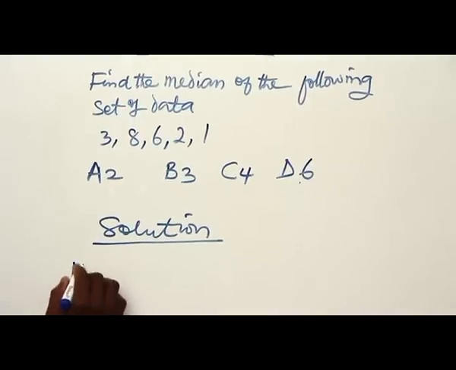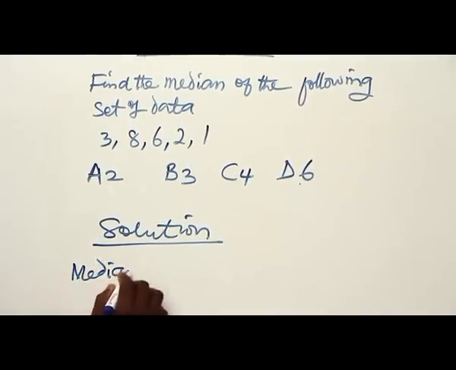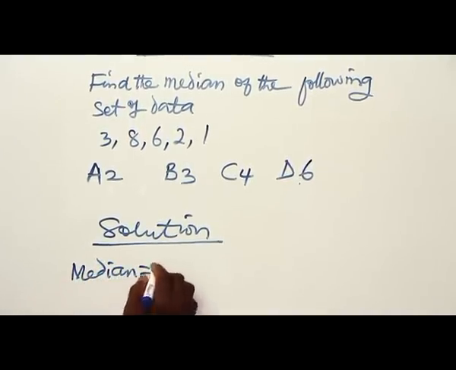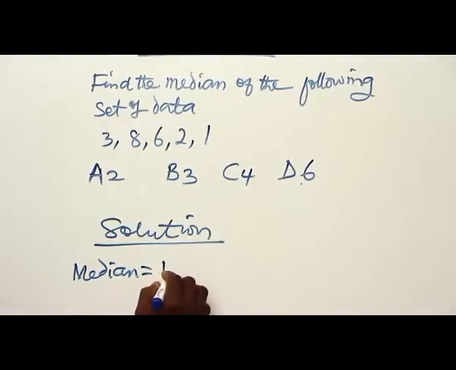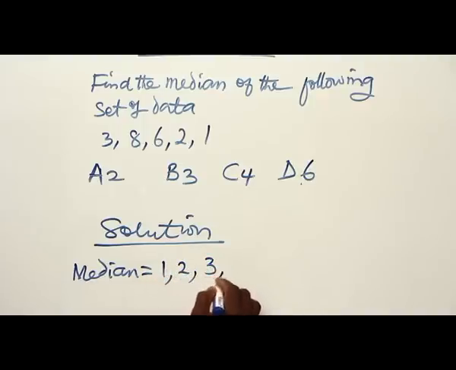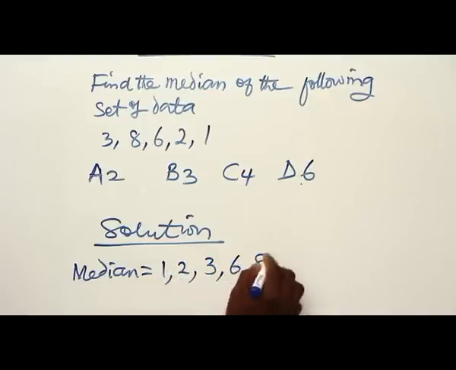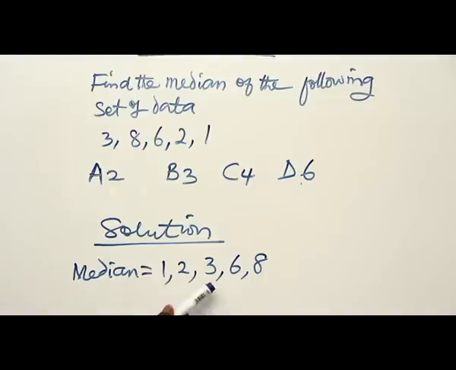So the median: 1, 2, 3, 6, 8. Ordinarily, if you look at this, the count is odd, 1, 2, 3, 4, 5. So ordinarily 3 is the median.